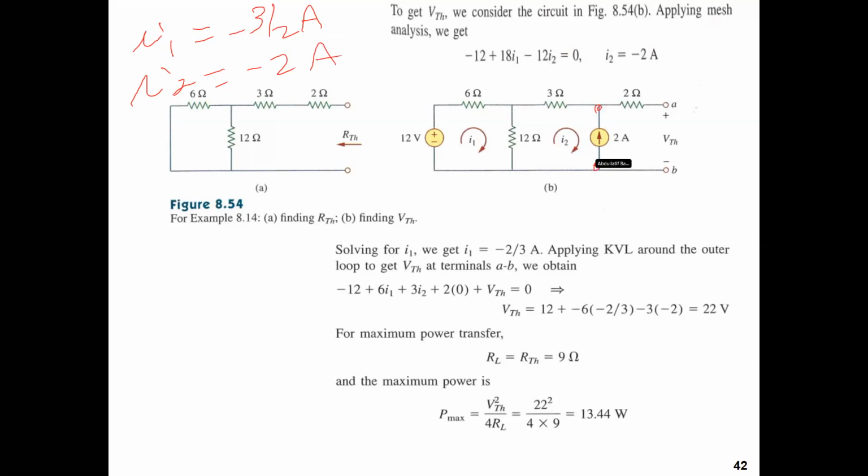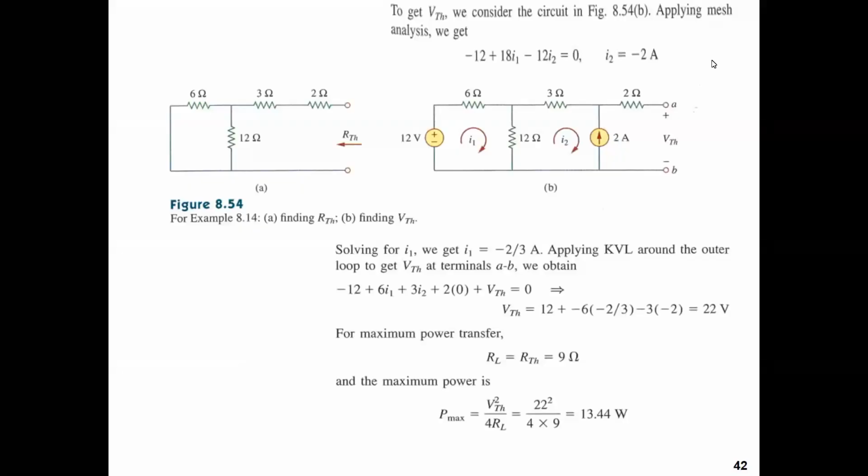If we write the loop here, this is a plus minus. Maybe that's the best way to determine VTH.